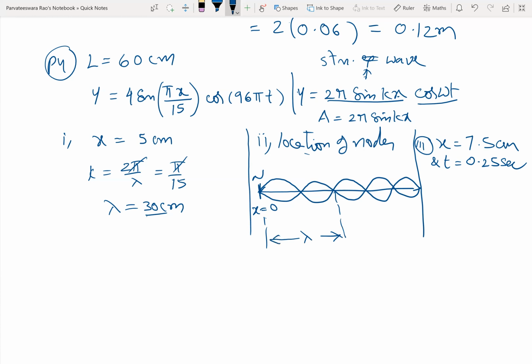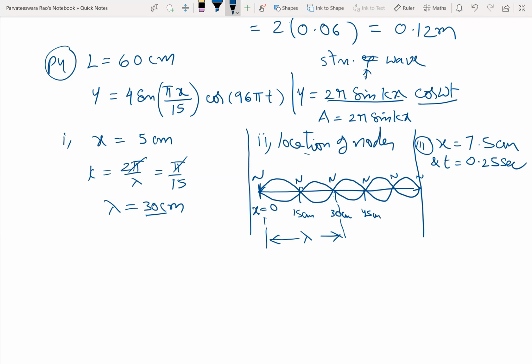Therefore, at x is equal to 0 you have a node, means second node will be at 15 centimeters, third node will be at 30, 45 and so on.